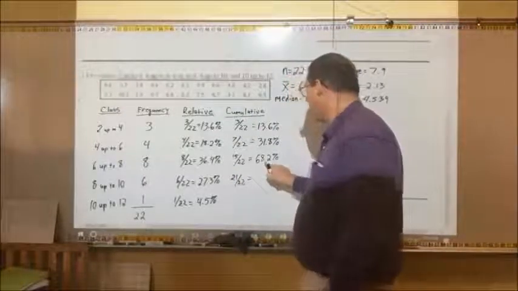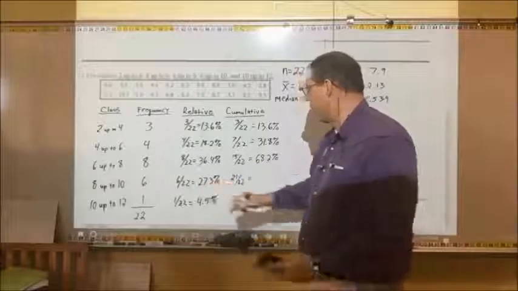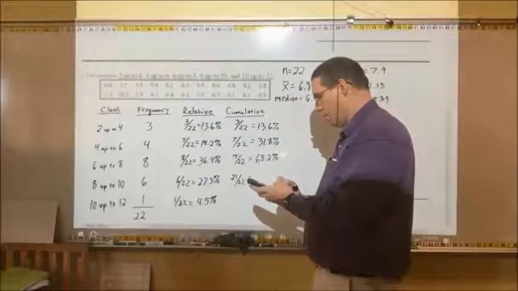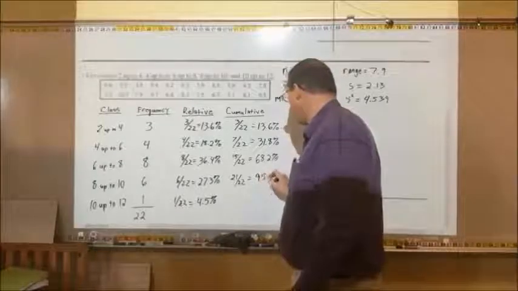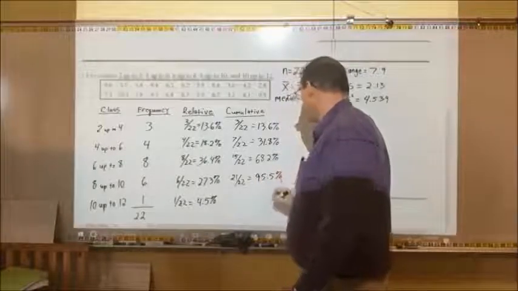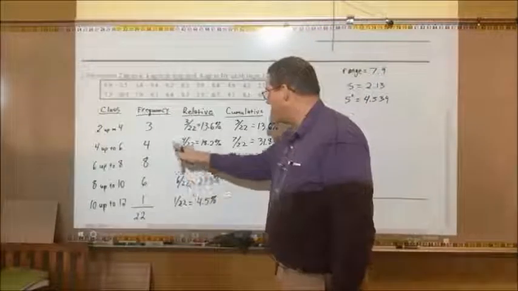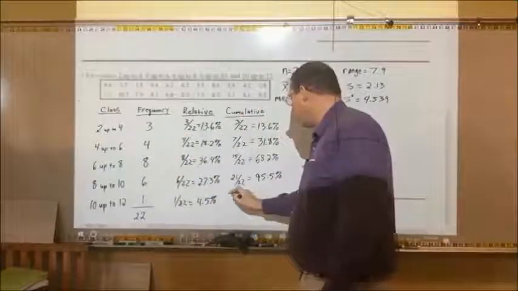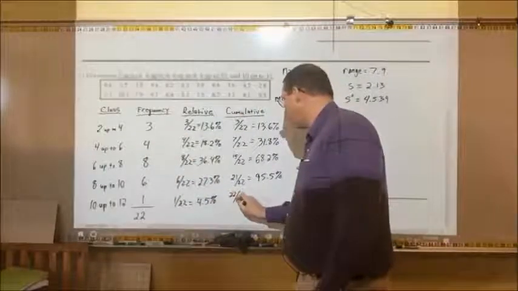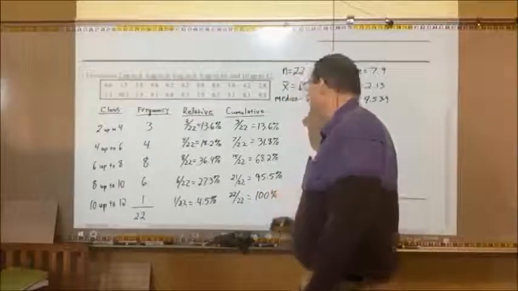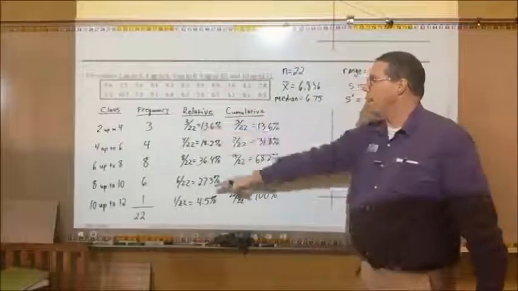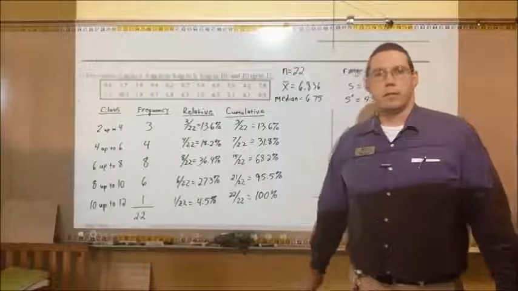And we're going to add 68.2% plus the 27.3. That's 95.5%. And then lastly down here, if we add up all the numbers, it's 22. So the last one is going to be 22 out of 22, which is 100%. Okay? So now we have created the frequency distribution.